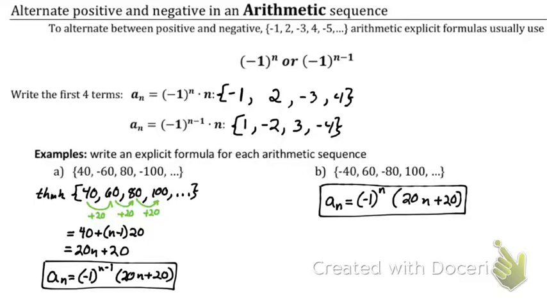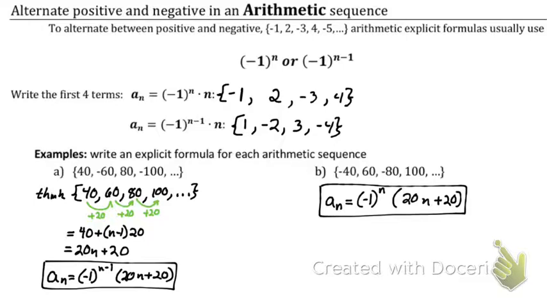All right, questions of alternating positive and negative in an arithmetic sequence. All right, this is only for an arithmetic sequence. Arithmetic sequence alternating need that negative 1 to the n or negative 1 to the n minus 1. When we get to a geometric sequence, you don't need to worry about it.